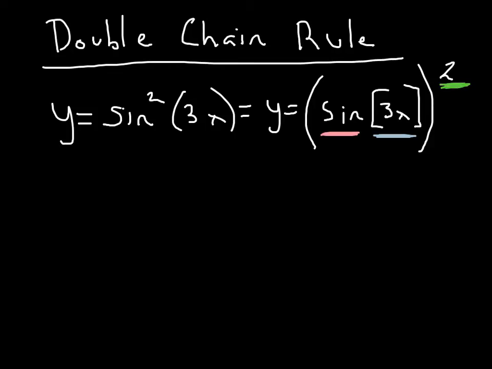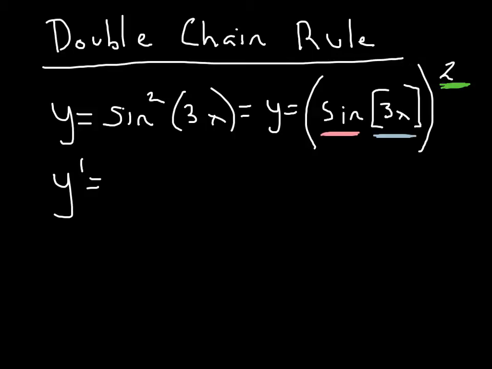So from here we will take it to the next step. We will then take the derivative, so we get y prime equals, we're going to go ahead and move the exponent down, which was the green.